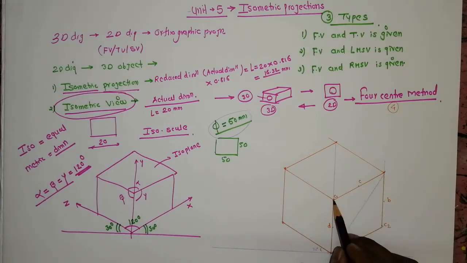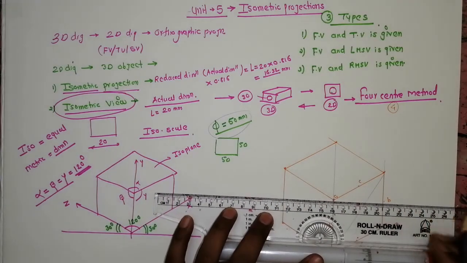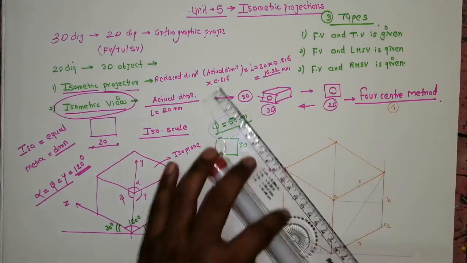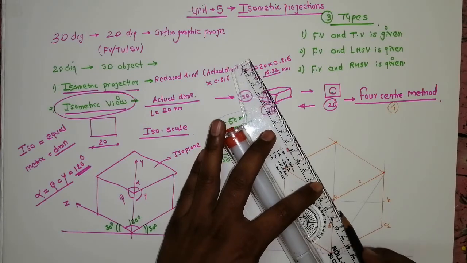Now the next step is what? From C1 join the opposite midpoints. So from C1, B is the opposite midpoint, then A is the opposite midpoint.